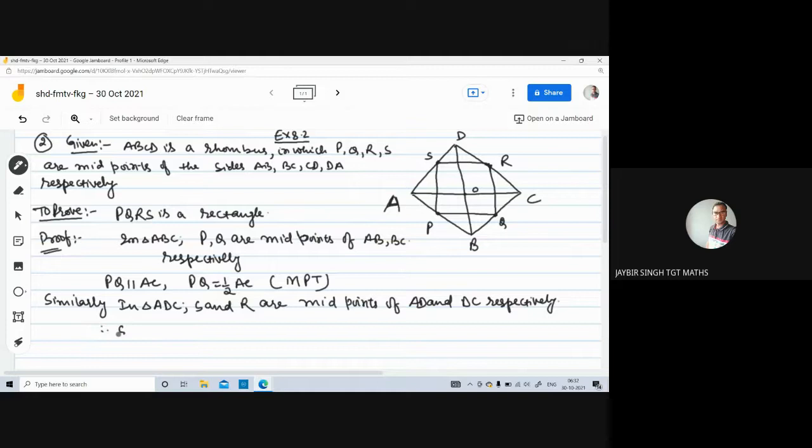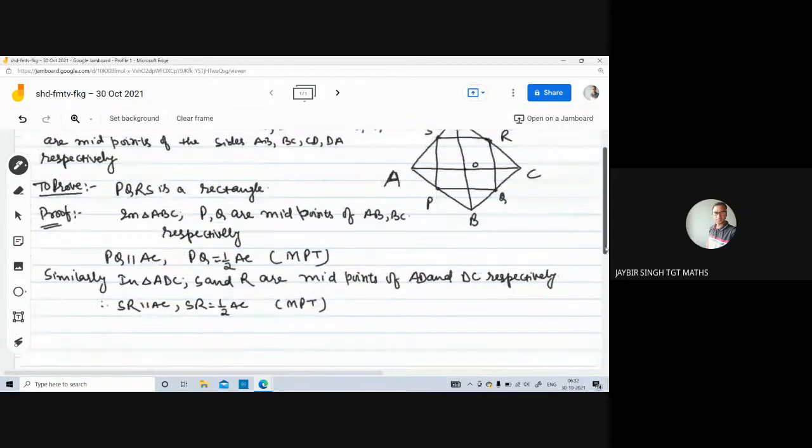Therefore, SR is parallel to AC. This line will be parallel to AC and SR is half of AC. Again, this is by midpoint theorem.